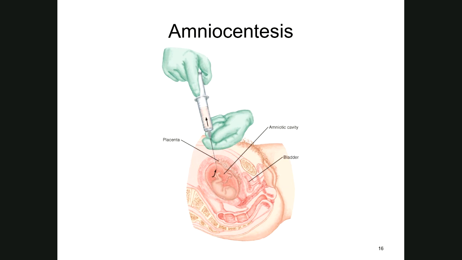Some of the disadvantages: it's diagnostic for those chromosomal abnormalities, but there may be some structural anomalies that may not be detected with the amniocentesis. Those results might take up to 2 weeks to get back.